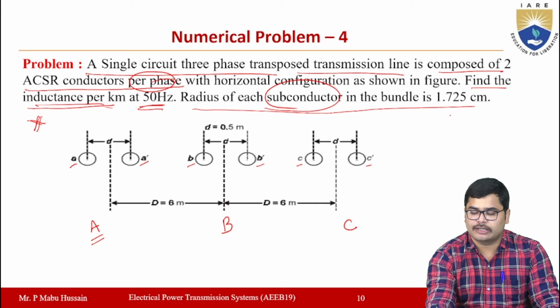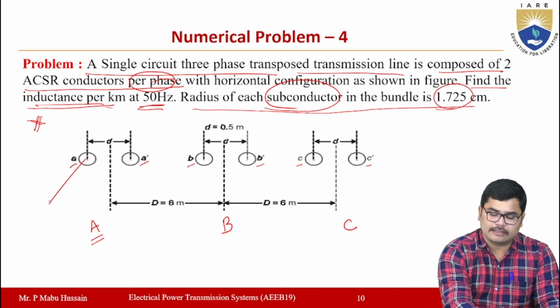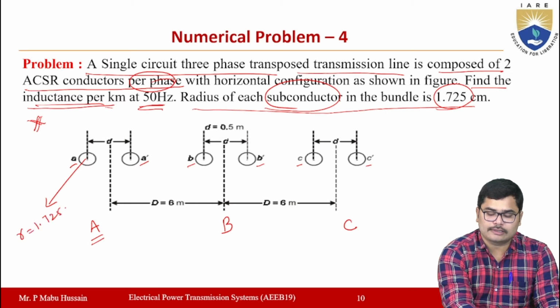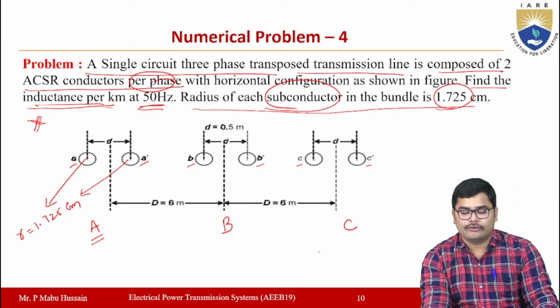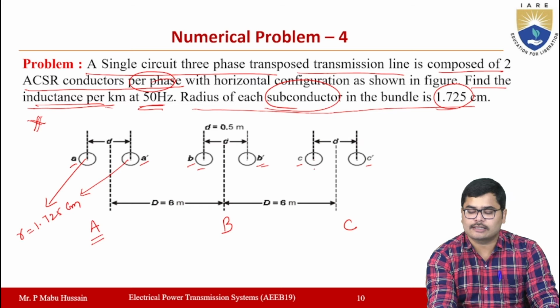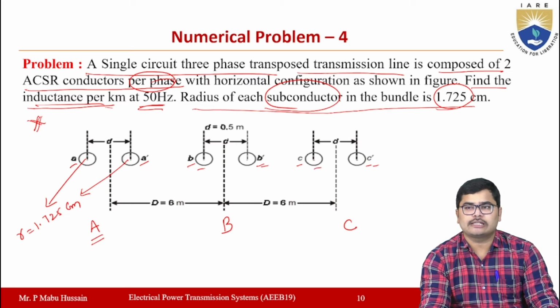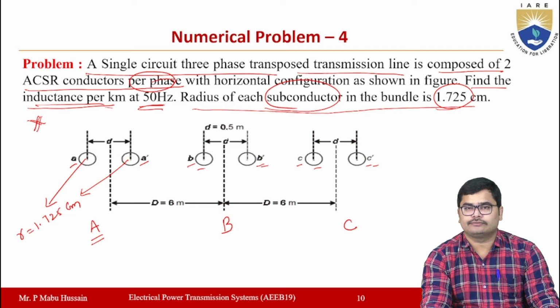The radius of each subconductor is 1.725 centimeters. So this has a radius of 1.725 centimeters, and this also has a radius of 1.725 centimeters. Like that, all of B, B dash, C, C dash, all the subconductors have the same value, 1.725 centimeters.